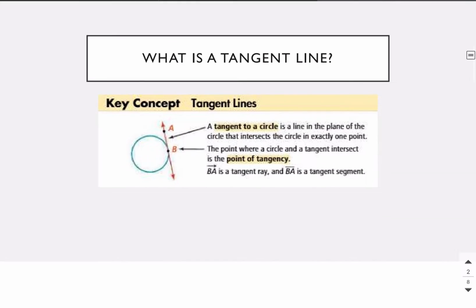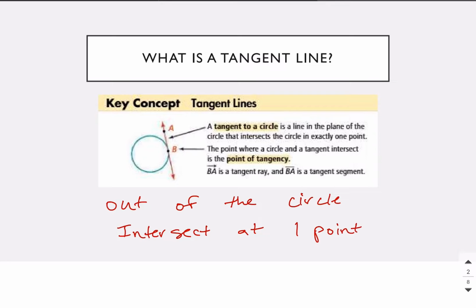But the biggest thing is that the line is going to be on the outside of the circle, and it's going to intersect at one point on the circle.